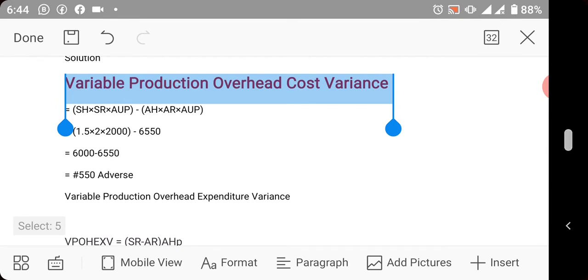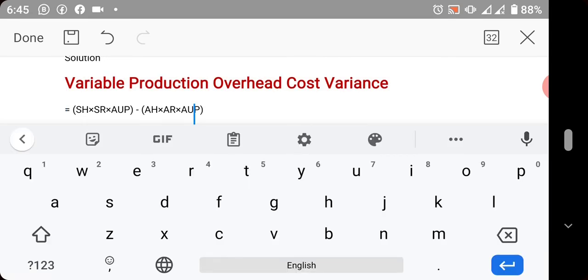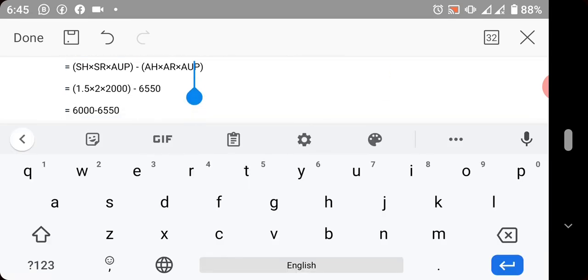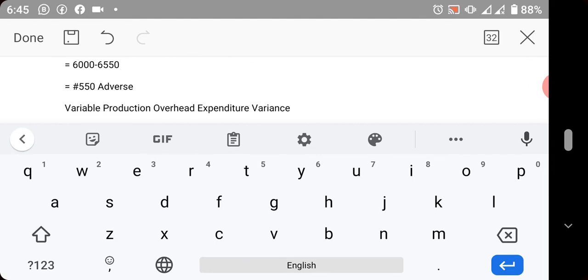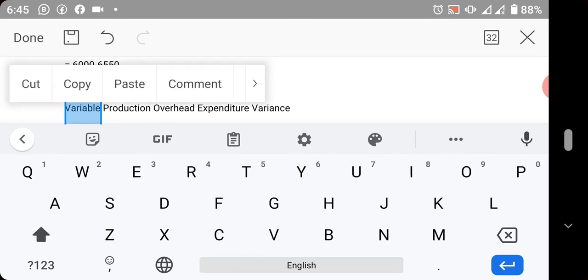So standard hour is 1.5 hours per unit. Standard rate is 2 naira. Then actual unit produced is 2,000. Then no need finding the difference here. You just bring in the cost incurred. So find the difference to give us minus 550, and that is why it is adverse, as I said earlier on. So I hope that makes sense to you.